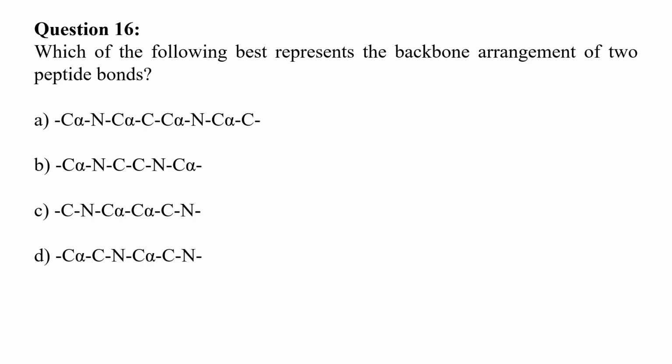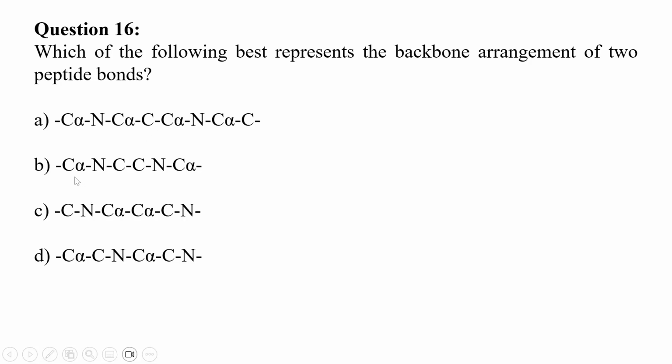Next question is question number 16. Which of the following best represents the backbone arrangement of two peptide bonds? In the first option we have a C alpha attached to the amino nitrogen, then again C alpha and then carbon.